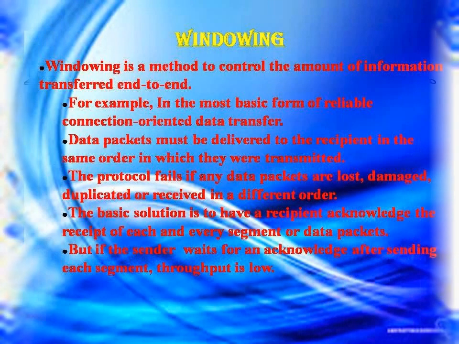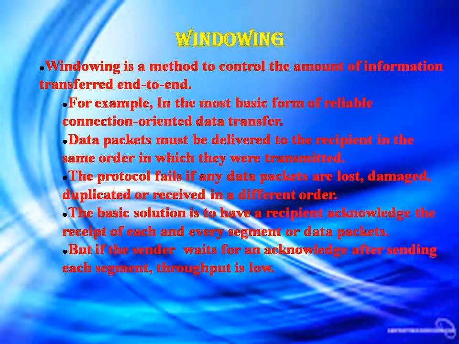Windowing. Windowing is a method to control the amount of information transferred end-to-end. For example, in the most basic form of reliable connection-oriented data transfer, data packets must be delivered to the recipient in the same order in which they were transmitted.